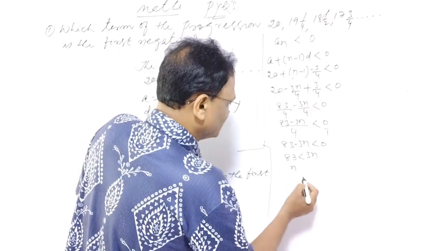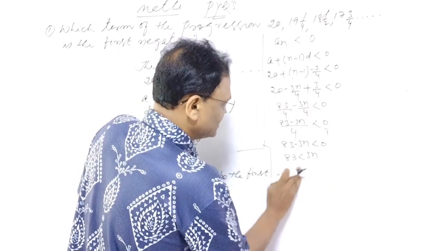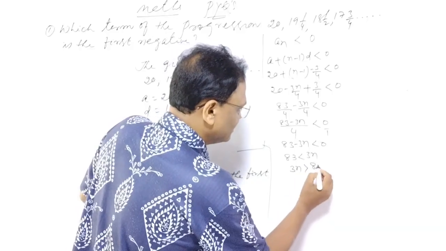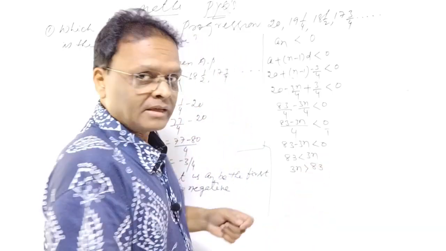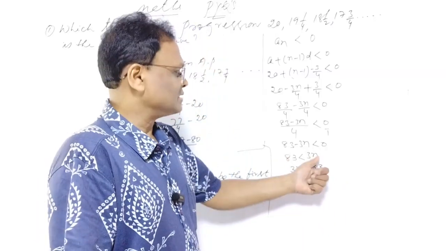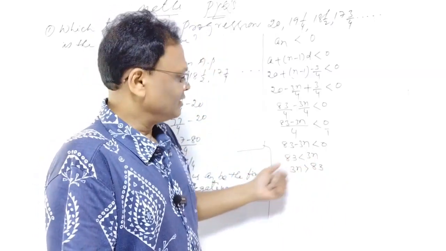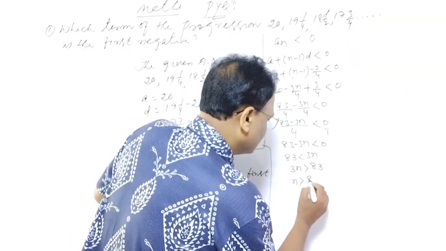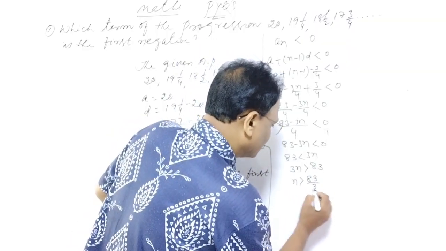I can write 3n is greater than 83, or n will be greater than 83/3.